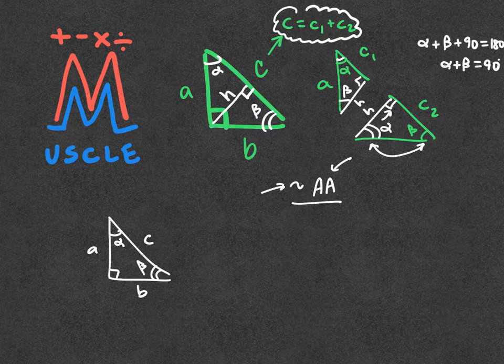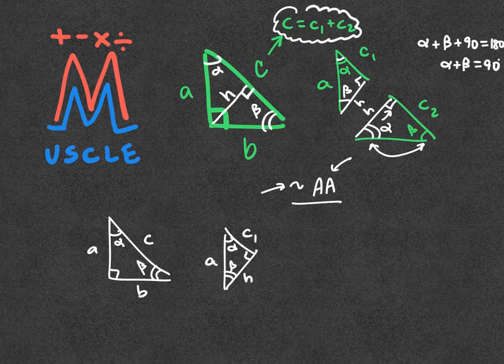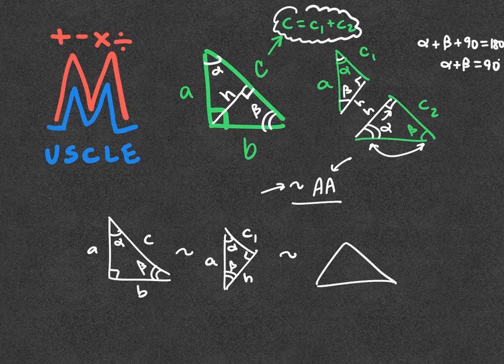Then my second triangle, AC1H, where this is alpha and this is beta. And then my third triangle, of course all similar to each other, where I've got C2 and B and H. This is angle alpha, this is angle beta.